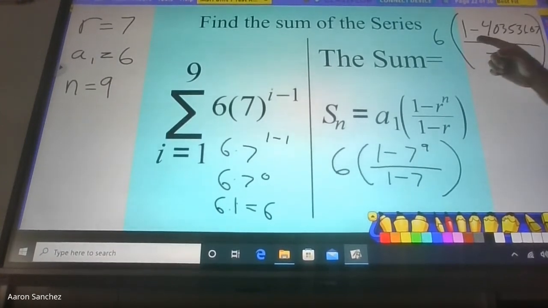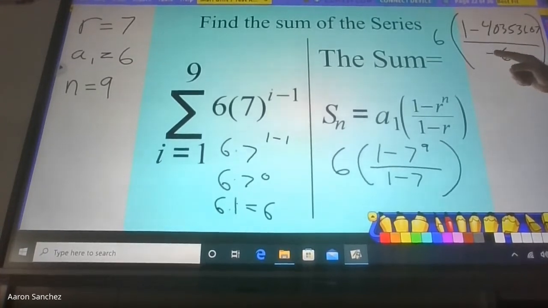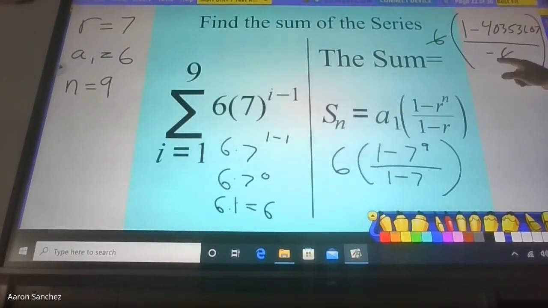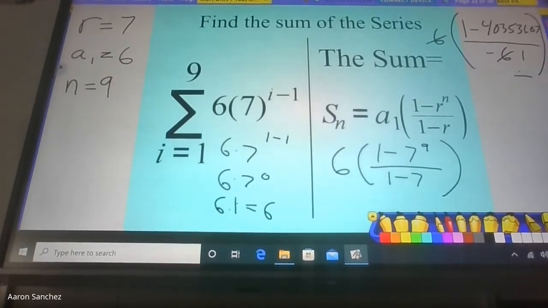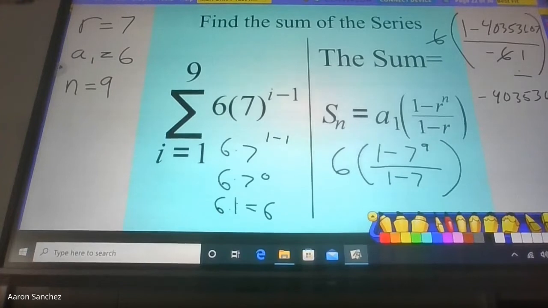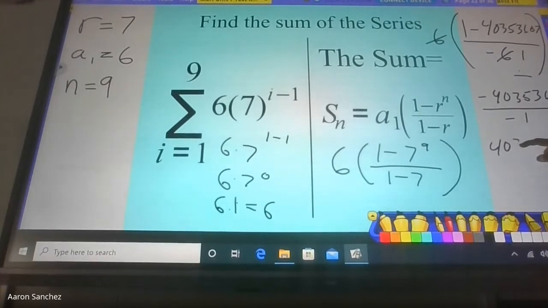So again, Sabrina, these are going to cancel out like I did before. That was kind of confusing to you. But if not, you could just subtract that, multiply by 6, and divide by 6. But I'm going to cancel them out. You don't have to do that. And so it's 1 minus that, which is negative 403,530,606 all over negative 1, which becomes positive 403,530,606.